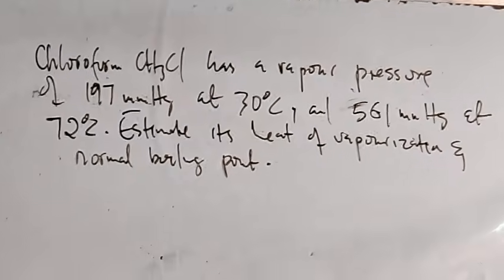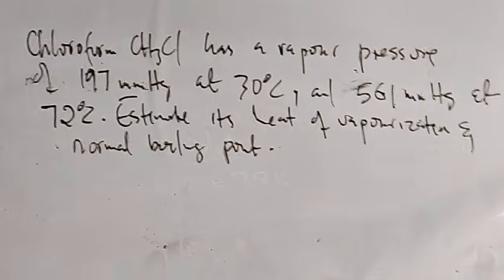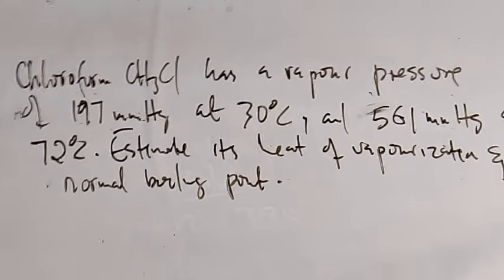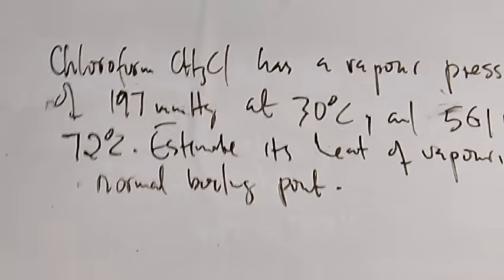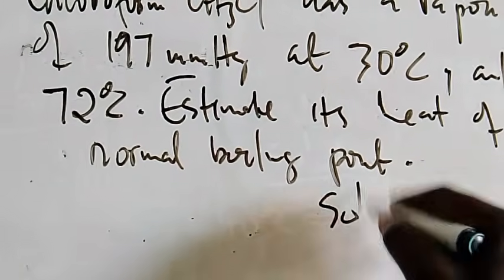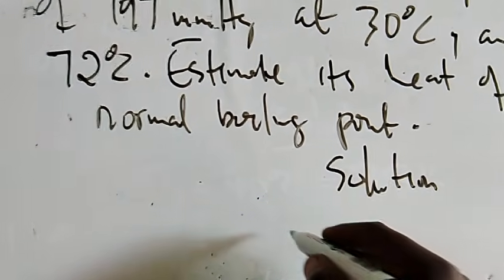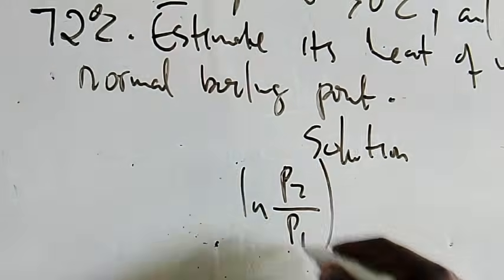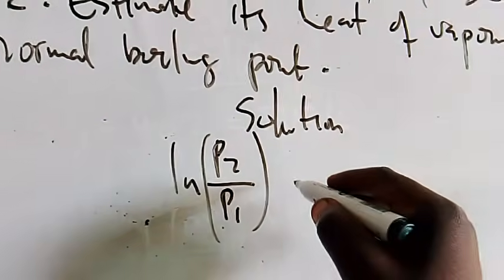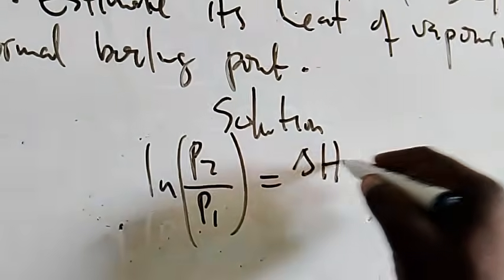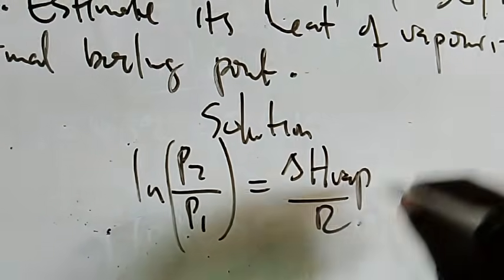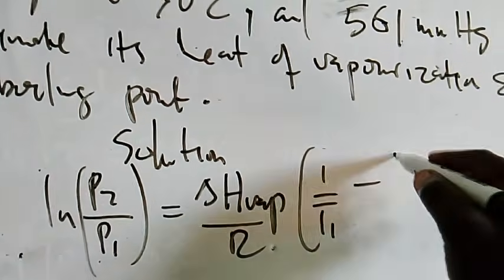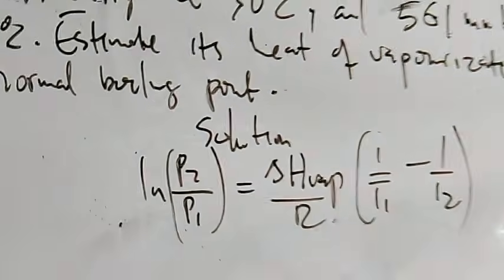This is the question that you need to solve on your own. Just a hint: make sure we use the equation ln(P2/P1) is equal to delta H over R times (1 over T1 minus 1 over T2).